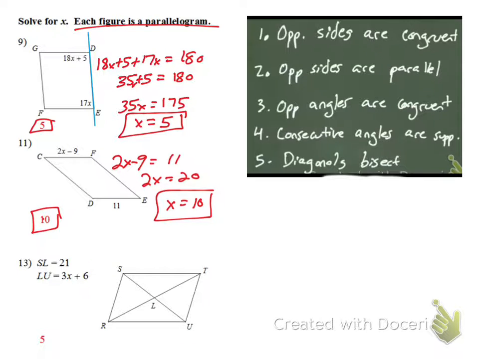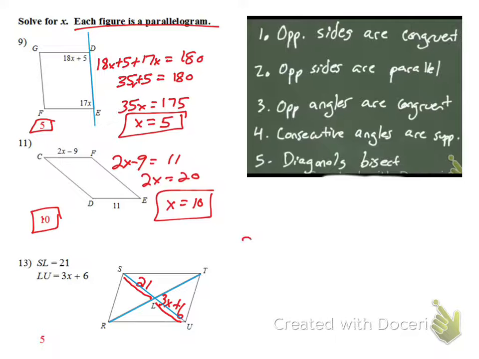And then we have SL equals 21. So right here equals 21. And then LU is equal to 3x plus 6. So since this bisects, meaning these two bisect one another, that would mean that this length is equal to this length, or SL is equal to LU.